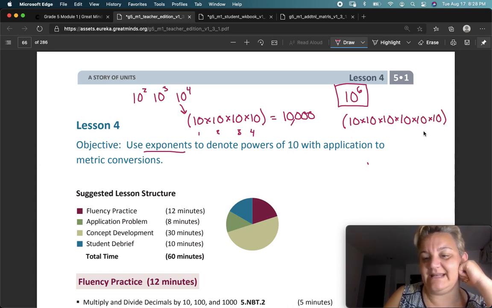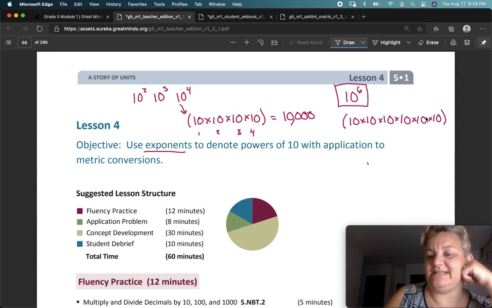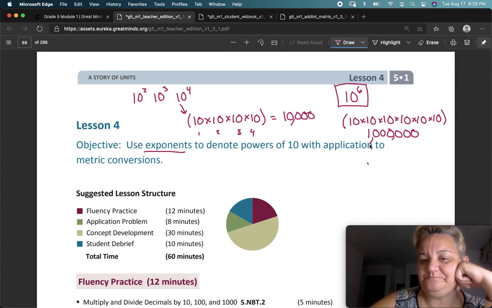Even my hand is getting tired, right? So instead, we're just saying 10 to the power of 6, which is 1 and 6 zeros, right? Okay, there we go, that's a million.